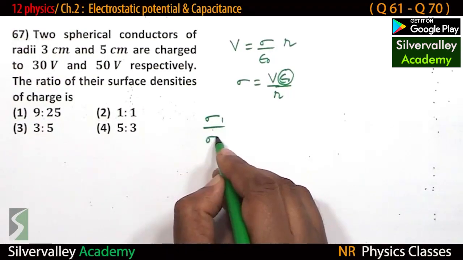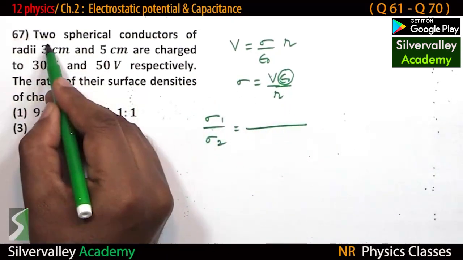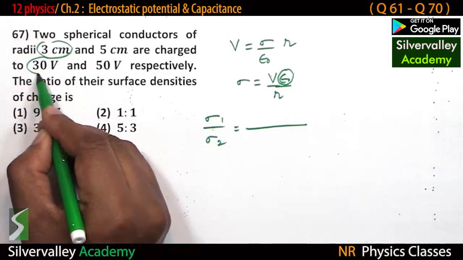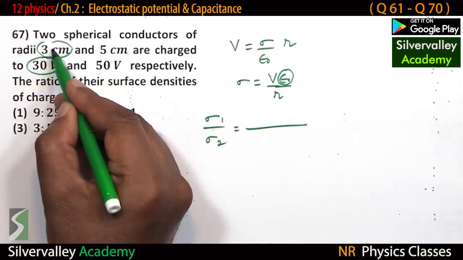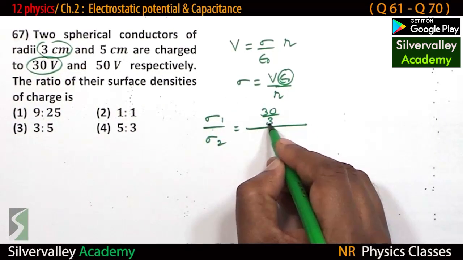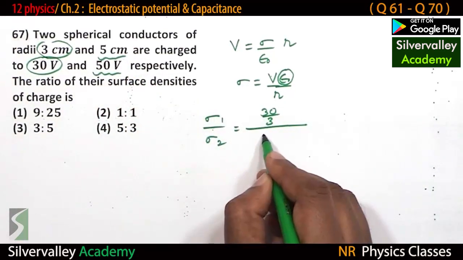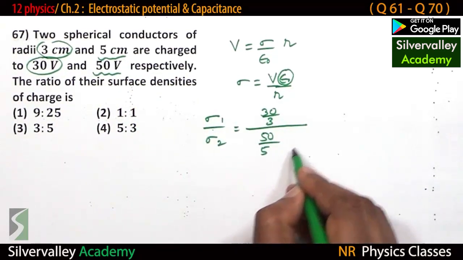Ratio of surface densities means V1 by R1 for sigma 1, which is 30 by 3. Sigma 2 is 50 by 5.